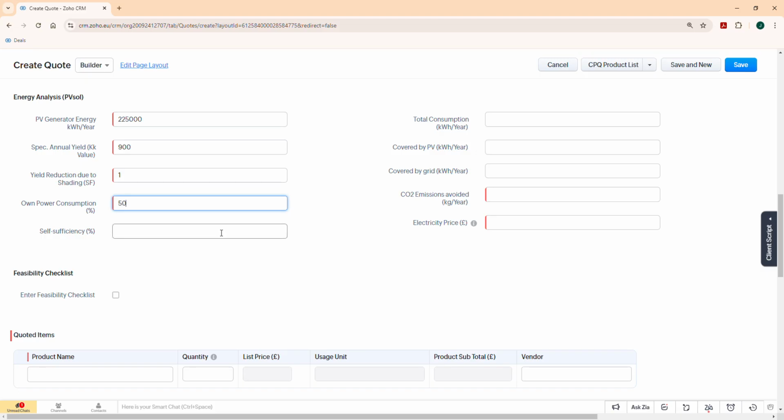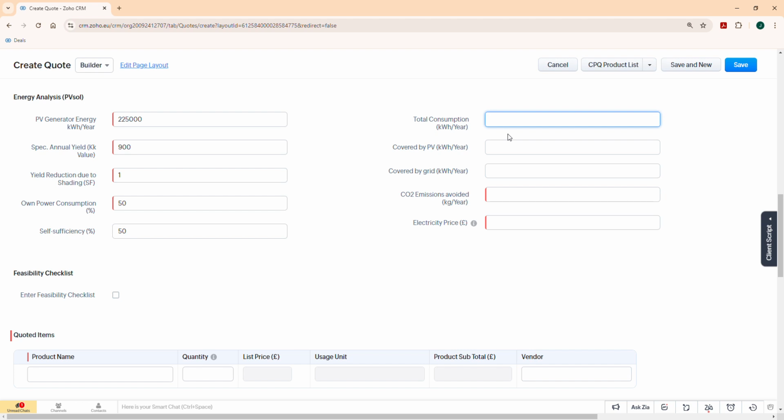Now, you'll know what self-sufficiency means, and the PV Sol will tell you what self-sufficiency means based on that. Again, I don't know what that figure is, so I'm just going to guess it to be 50%, but who knows what that is. Then you've got total consumption, so that's the total consumption of the electricity in the year. In this case, again, I don't know what that figure is.